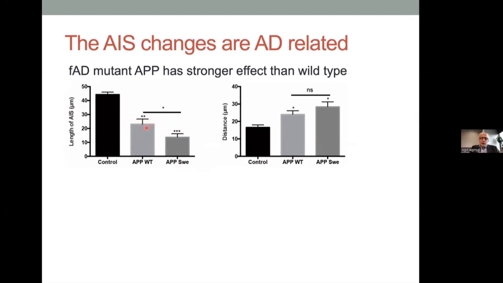But what's interesting is that wild-type APP is very effective, but APPs that carry familial Alzheimer mutations are even more effective. And that can be seen most clearly in the length of the AIS, but it's also quite clear in the shift, although in this case, it wasn't significant.